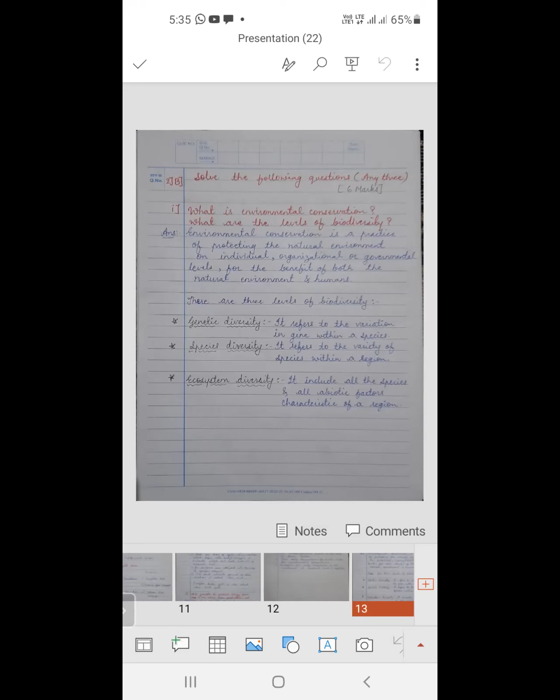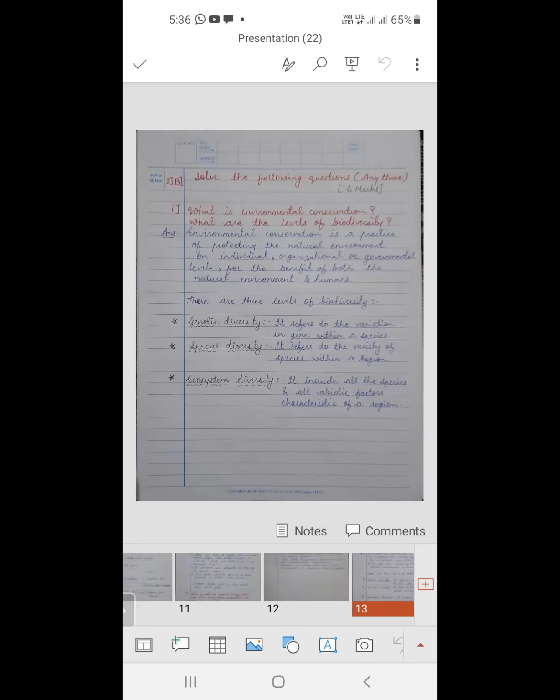So the next question's answer: what are the levels of biodiversity? So you have to write the levels of biodiversity. The answer to this question is there are three levels of biodiversity. Only writing the names of them will not give you marks.